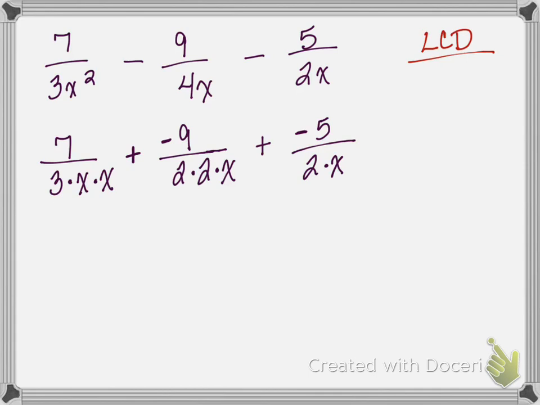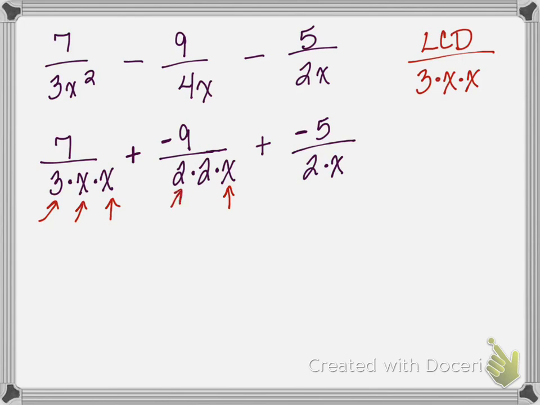Now what I have to do is make sure that every piece of this is included in my least common denominator. So for my first one, I've got to write down a 3, an x, and an x. So I'm going to have 3 times x times x. Okay? Now, for my second denominator, this x is already taken care of because I've got it over there.